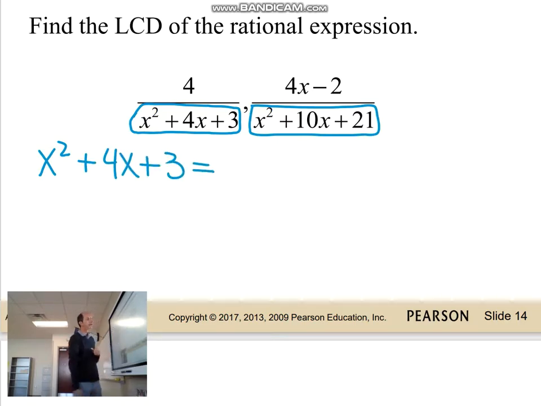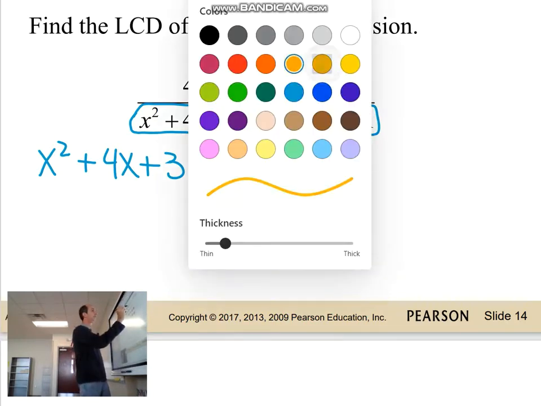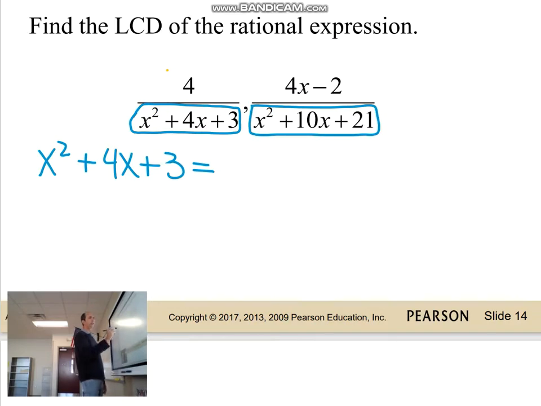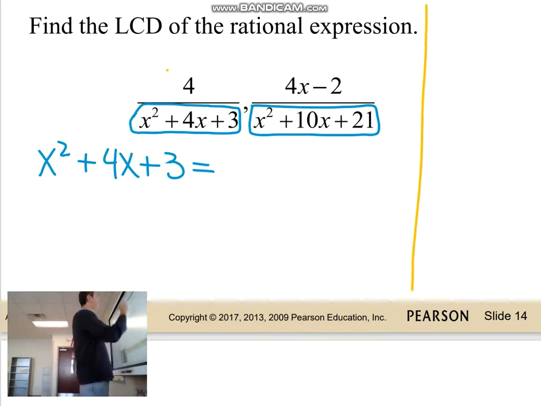How can we factor it? Well, my suggestion is to apply the AC method. For the first denominator, A times C, 1 times 3, is 3, and B is equal to 4.